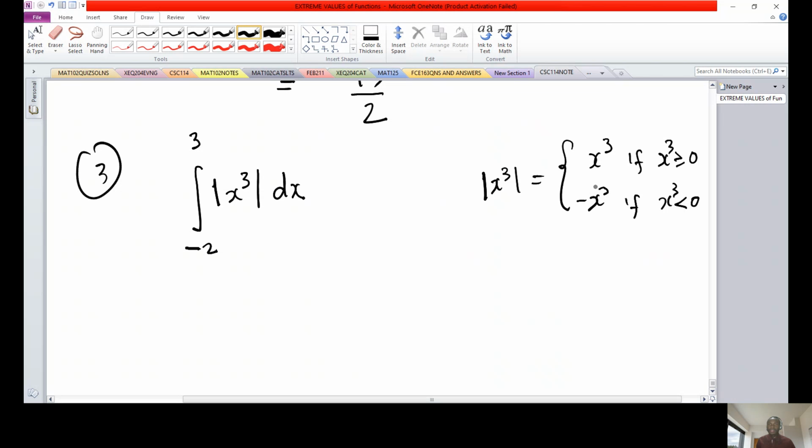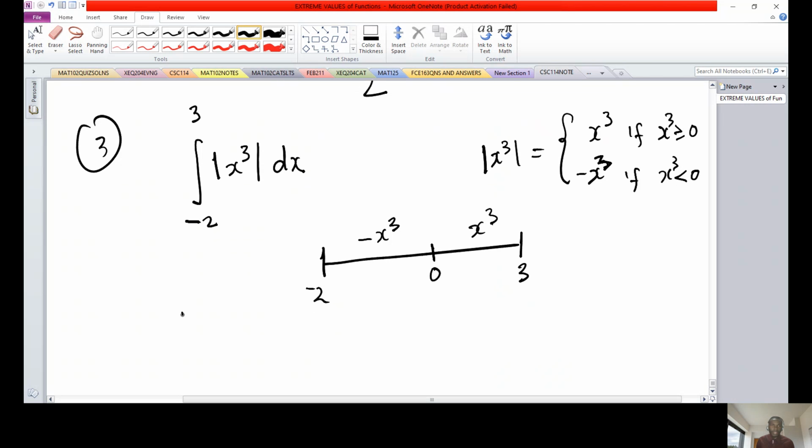Just from the word go, on the definition of the absolute value function. So we see that now we have from -2 to 3, and then we have another number 0 here. So from -2 to 0, because this will be values less than 0, it will be defined by -x cubed, and then 0 to 3 will be defined by x cubed.